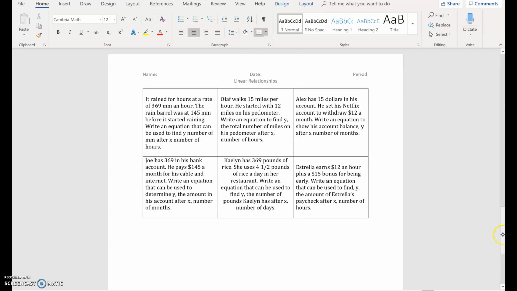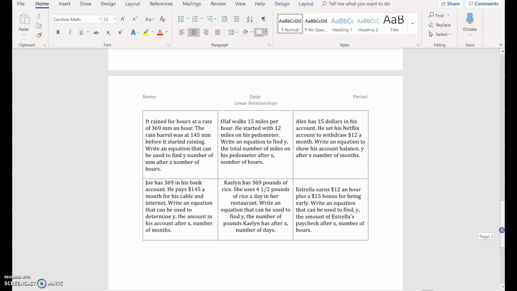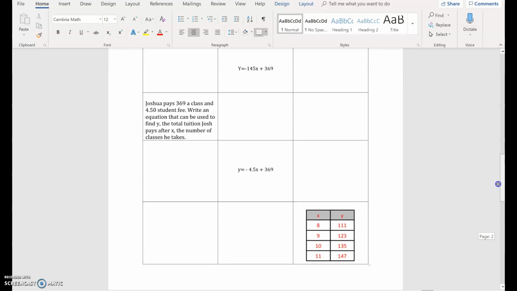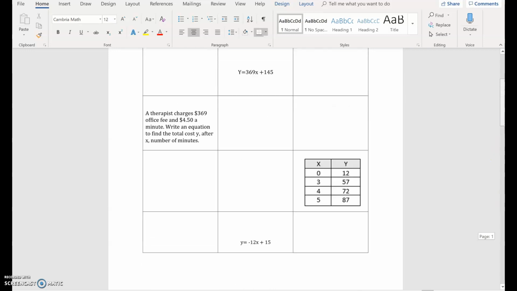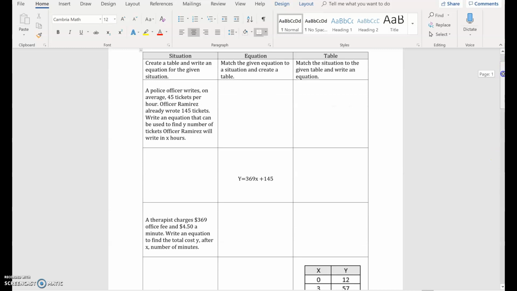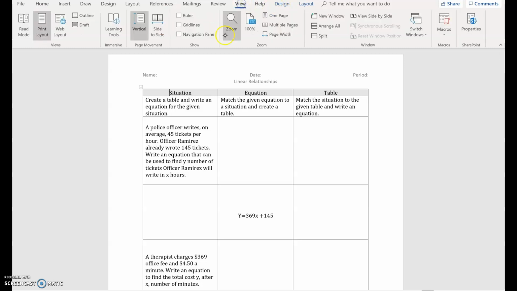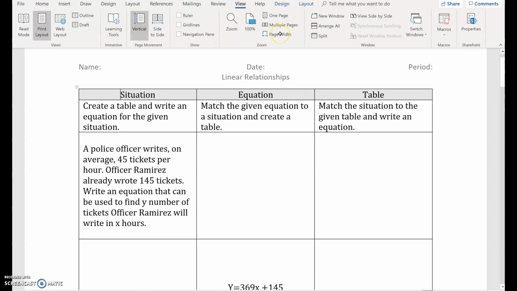So you don't ever have to write your own scenario, but you're going to match these scenarios to either the table or the equation. And if you are given the scenario, you're going to write your own equation and table. Okay, so let's go ahead and take a look at this first one and we'll do it together.